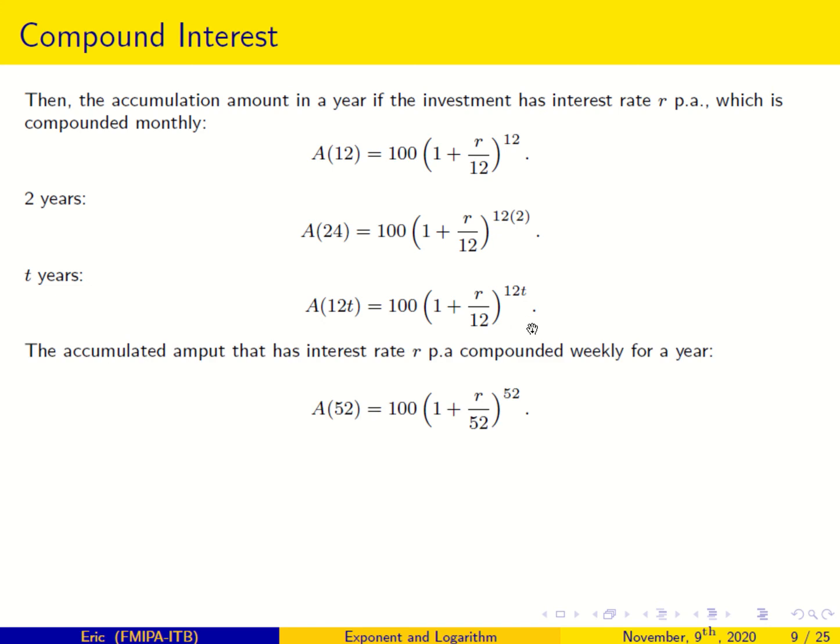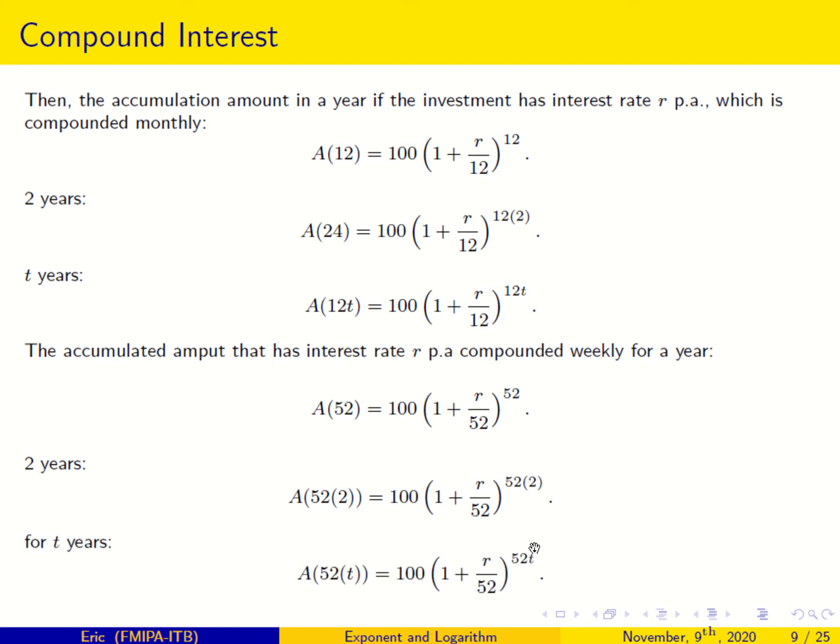Okay, so in general, if I want to compound it weekly, so R, this is R% PA, R divided by 52. Okay, compounded interest 1 year, 52 times. If 2 years, 52 times 2. If t years, I have this.